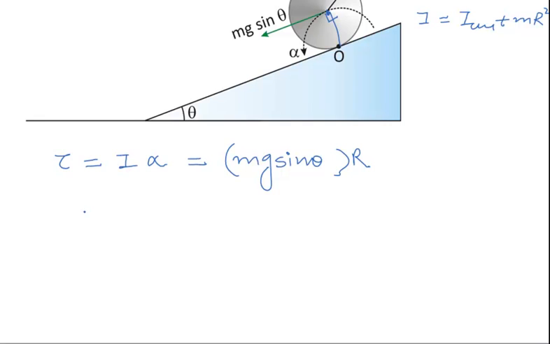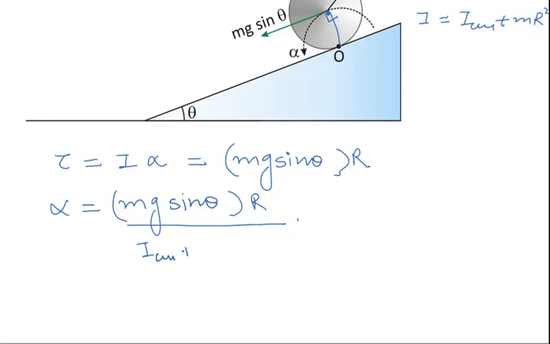So the value of alpha will be equal to mg sine theta times r upon I, where I is ICM plus mr square.